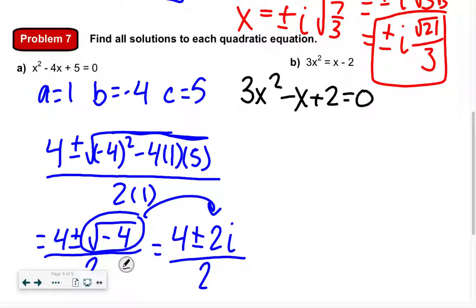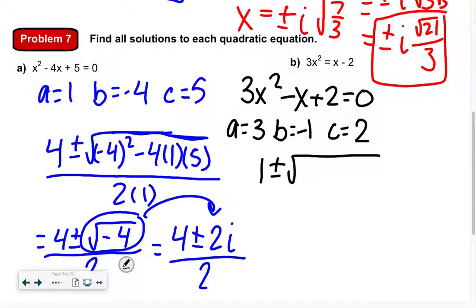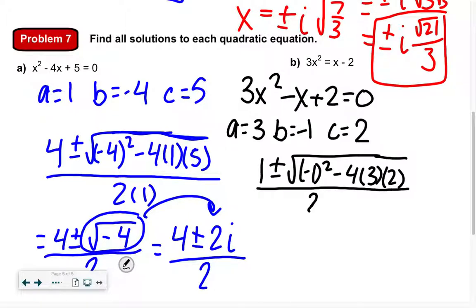So what's my a? 3. What's my b? Negative 1. And my c is 2. So my quadratic formula, negative b, so 1, plus or minus the square root of negative 1 squared minus 4 times 3 times 2, all over 2 times 3.